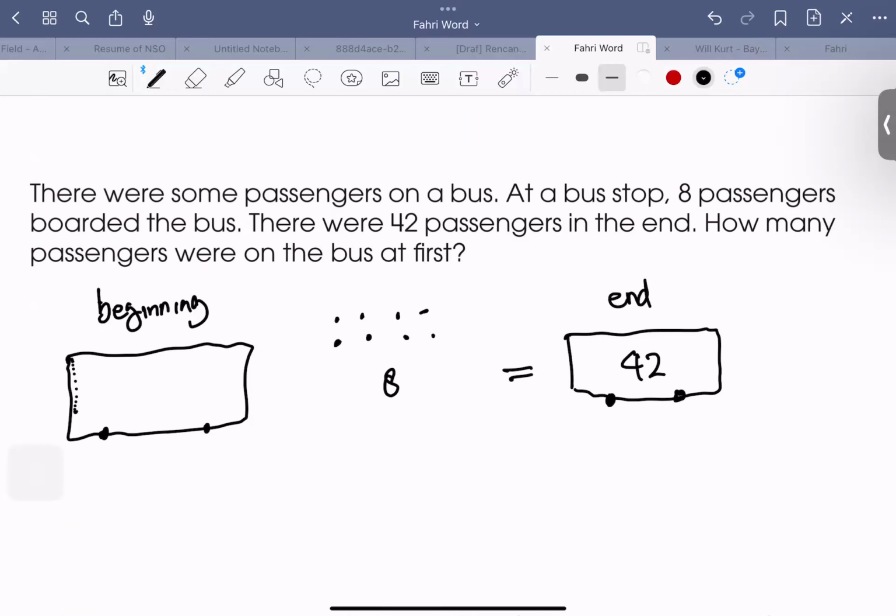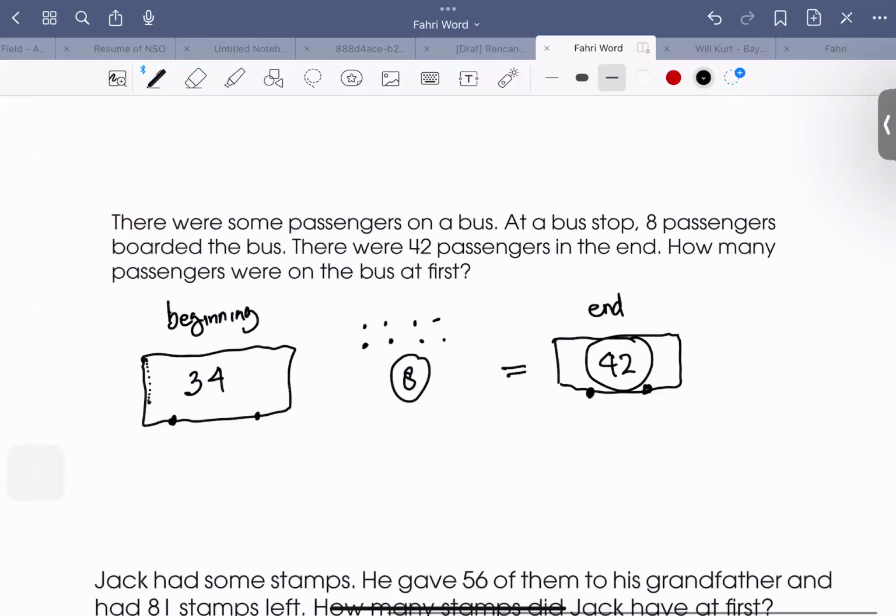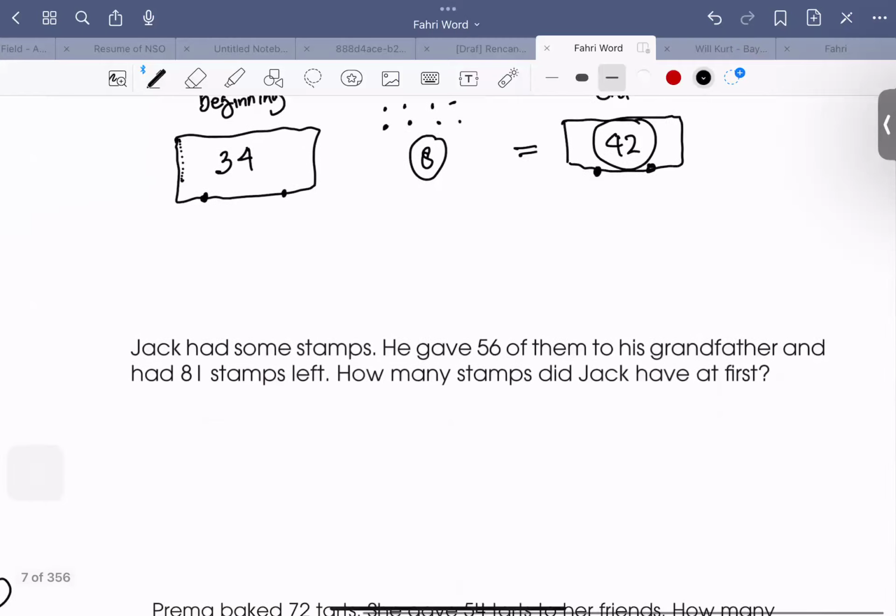So to find the initial condition, we need to find the difference between 42 and 8. So it will be equal to, subtraction, 34 passengers. So let's go to the next question.